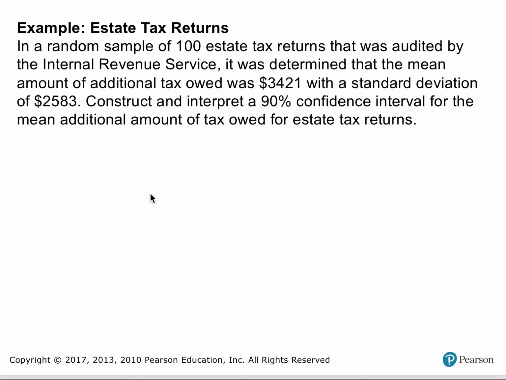Okay, in a random sample of 100 estate tax returns that was audited by the IRS, it was determined that the mean amount of additional tax owed was $3,421 with a standard deviation of $2,583. Construct and interpret a 90% confidence interval for the mean additional amount of tax owed for estate tax returns.